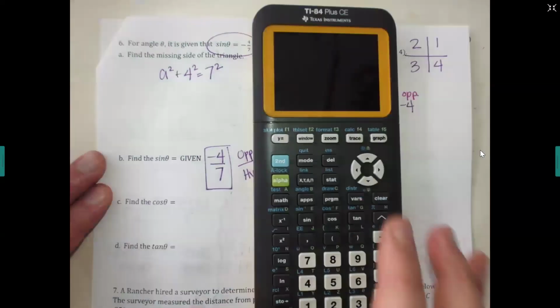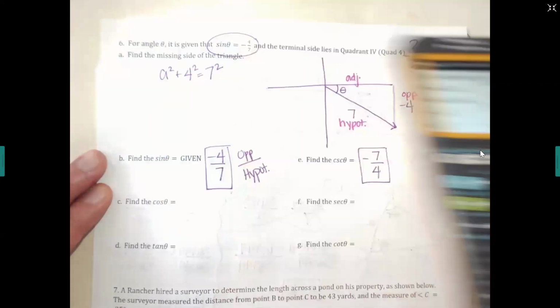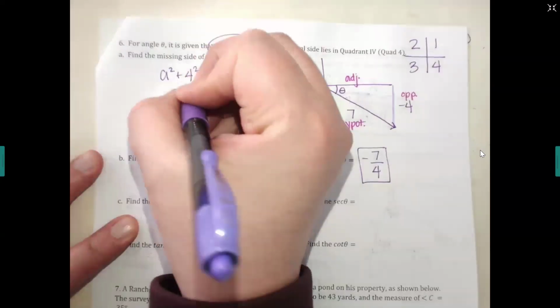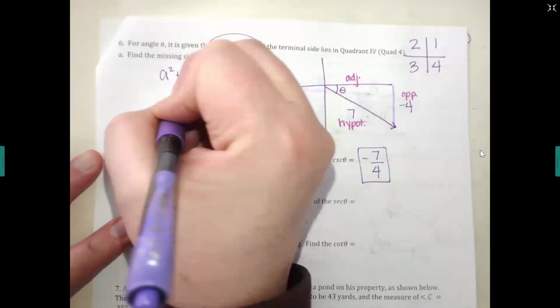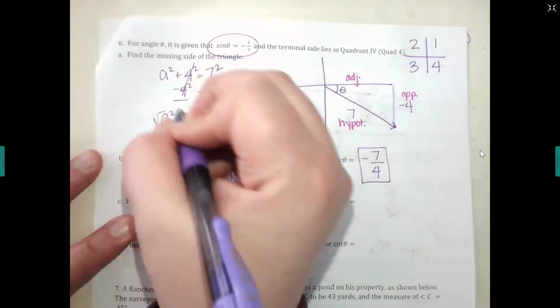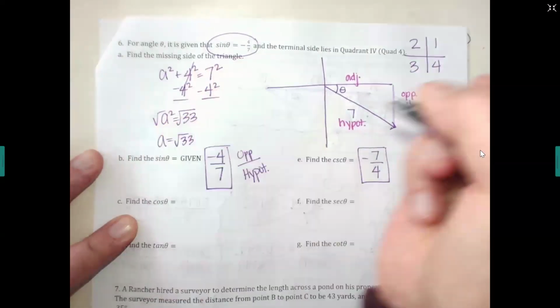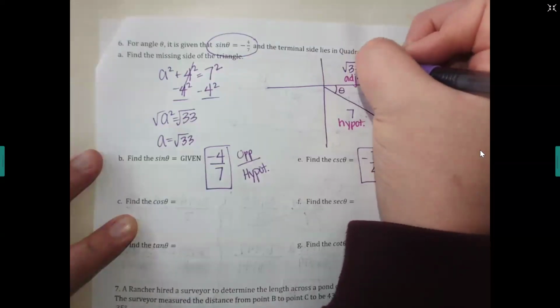I'm going to minus the 4 squared across. 7 squared minus 4 squared gives me 33. And if a squared is 33, then I take the square root. And that missing side is going to be the square root of 33.